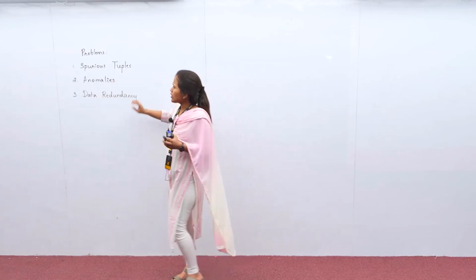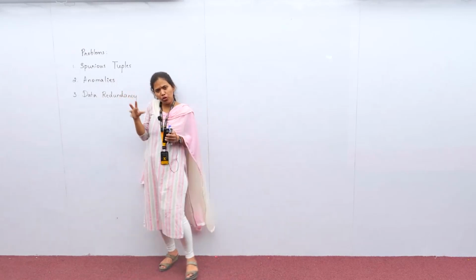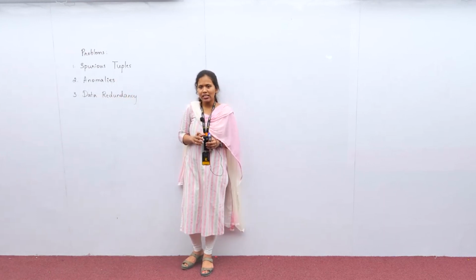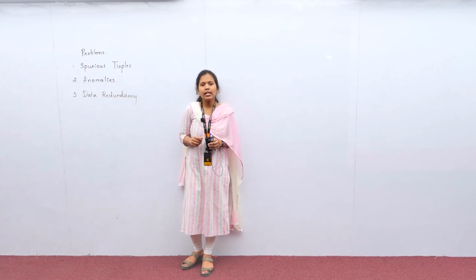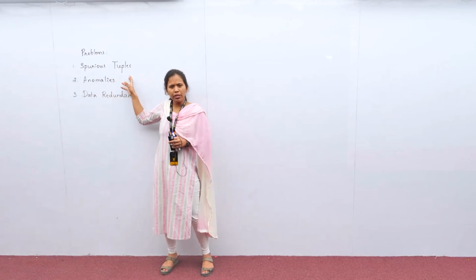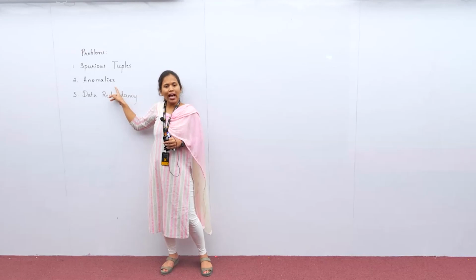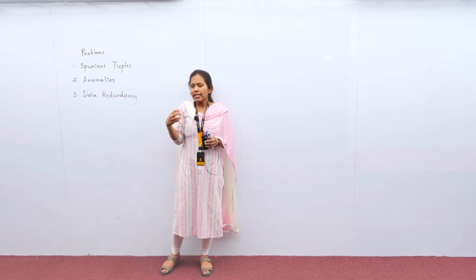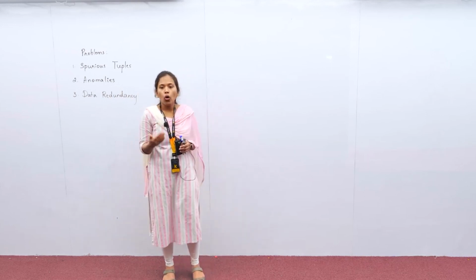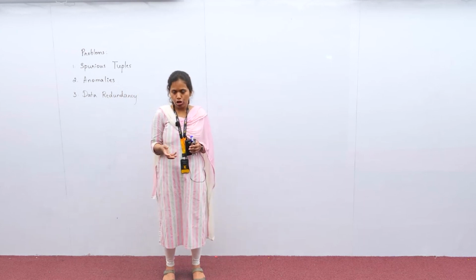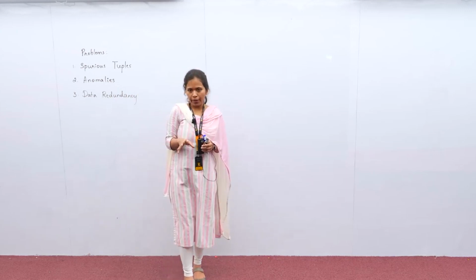Okay. Dear students, anywhere have you heard this word, spurious tuples? No? You've heard tuples at least? What do you mean by tuples? Rows. Correct? So it is a problem related to the rows. What it is, I'll be telling you. Similarly, we have something called anomalies. Suppose you are performing any DML operation, maybe an insertion operation, a deletion operation, or an updation operation.